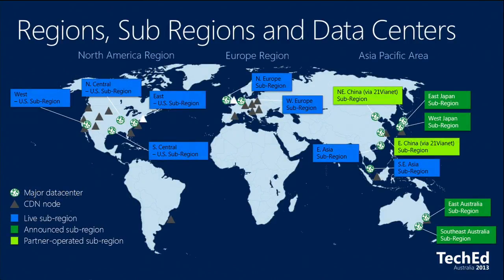So let's talk very briefly about regions, subregions, and data centers in the context of that geo-replication. Here are our data centers, here are our regions, here are our planned data centers, right? Currently today, we have the North American region, European region, and Asia Pacific region, which is turning into Asia Pacific area because we are adding 3 new regions to Asia Pacific.